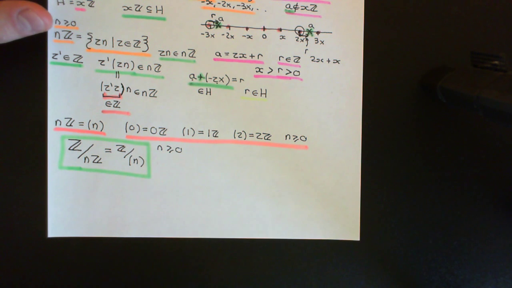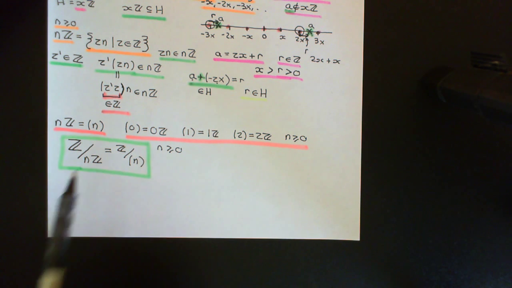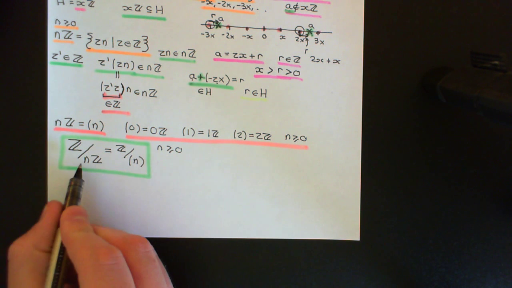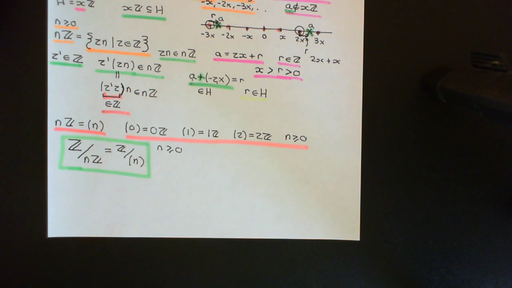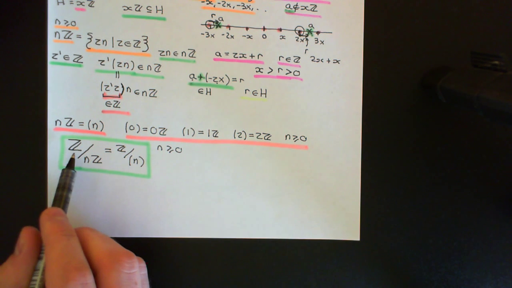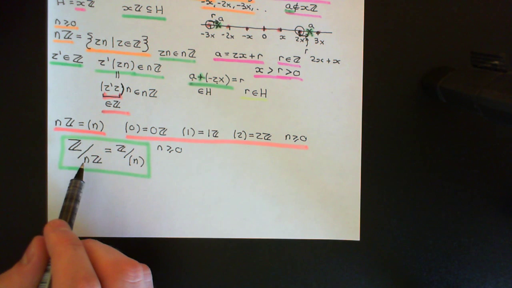Now, I'm about to draw a picture for this, and the picture will be relevant for all ideals except for one. The one ideal it won't be relevant for is the 0 ideal, where n is 0 here. But that's okay because we understand what we'll get if we quotient out the ring of integers by the 0 ideal.